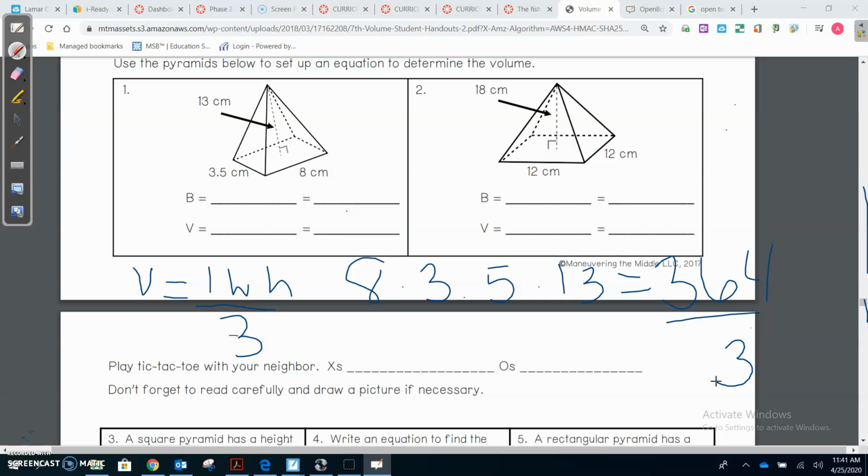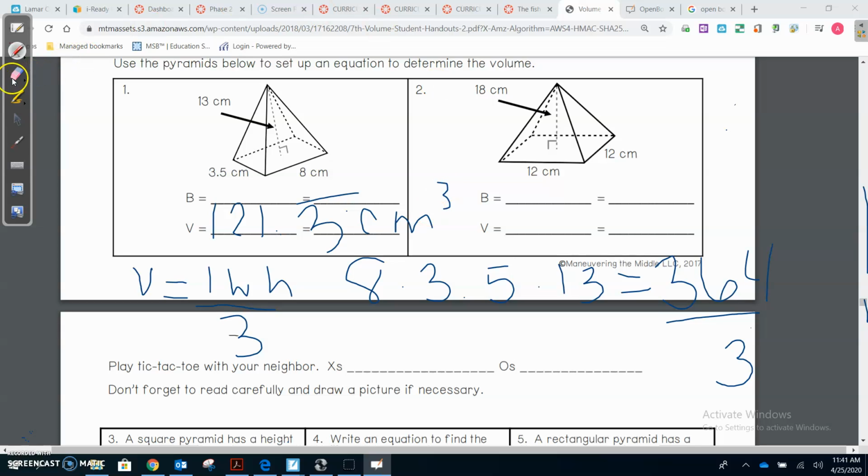When we do that, we end up with a volume of 121.3 repeating, and it's centimeters cubed. Now, when we have our quiz at the end of the week, I am not going to have you worry about this, but just remember that our units are always going to be cubed when we're dealing with volume.